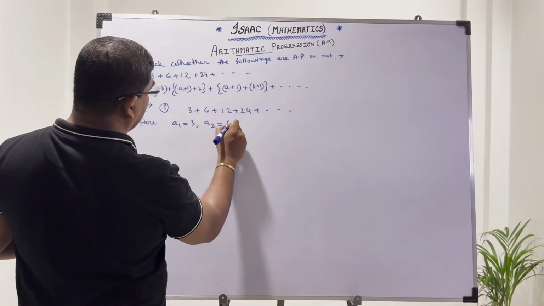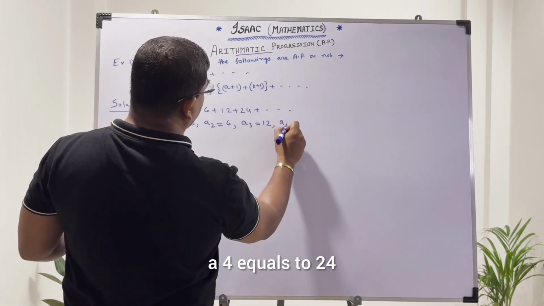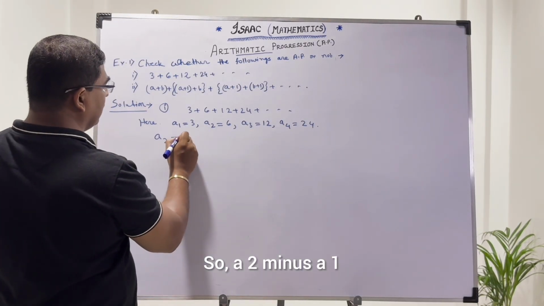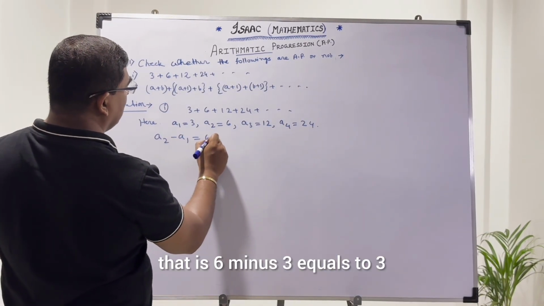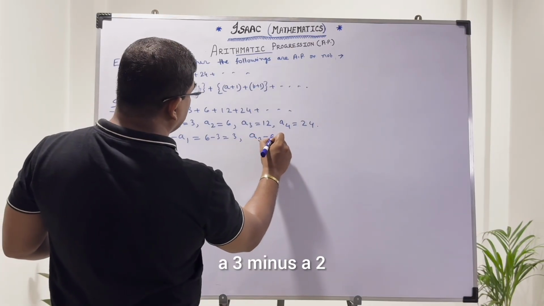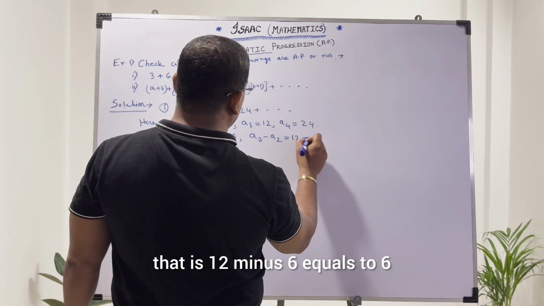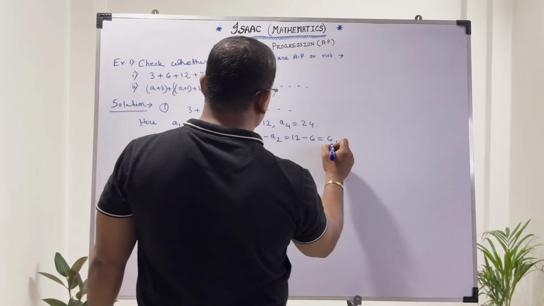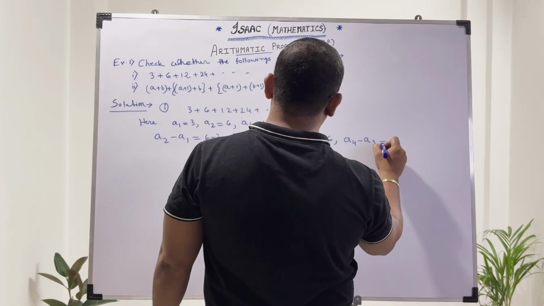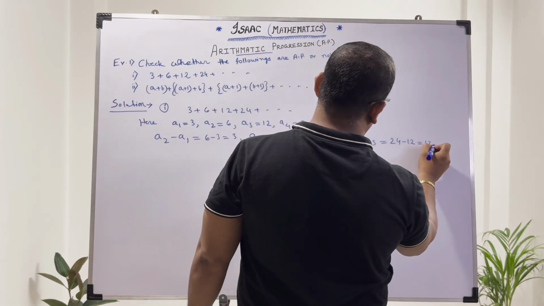A2 equals 6, A3 equals 12, A4 equals 24. So A2 minus A1, that is 6 minus 3, equals 3. A3 minus A2, that is 12 minus 6, equals 6. A4 minus A3, that is 24 minus 12, equals 12.